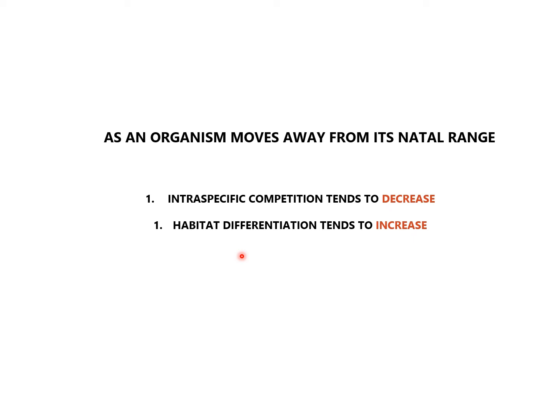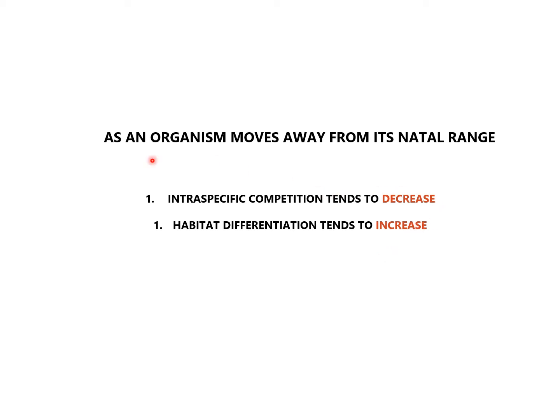This goes back to spatial autocorrelation, where the closer you are, the more similar the habitat is going to be. The opposite of that is that the farther away you go, the more different it's going to be. So if you go really far away, you might get into a habitat that you're not going to do very well in. So these are contrasting forces, and that's why you get this intermediate.